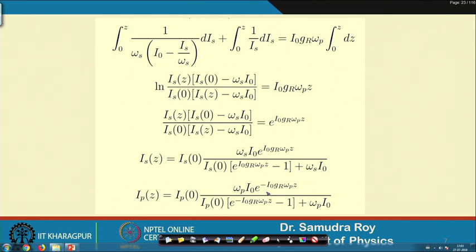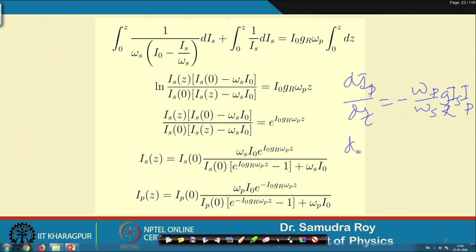You can use the fundamental differential equation: dI_p/dz is equal to minus omega_p over omega_s times g_r I_s I_p, and another equation dI_s/dz equals g_r I_s I_p.